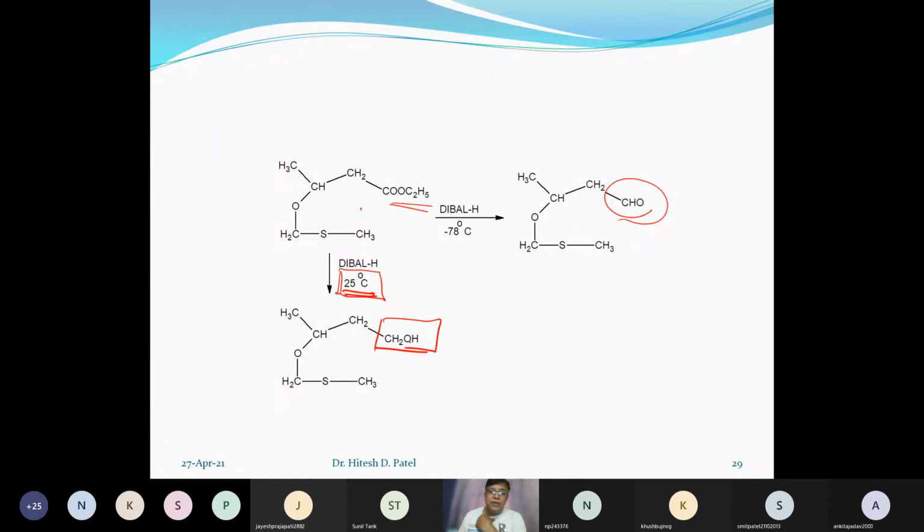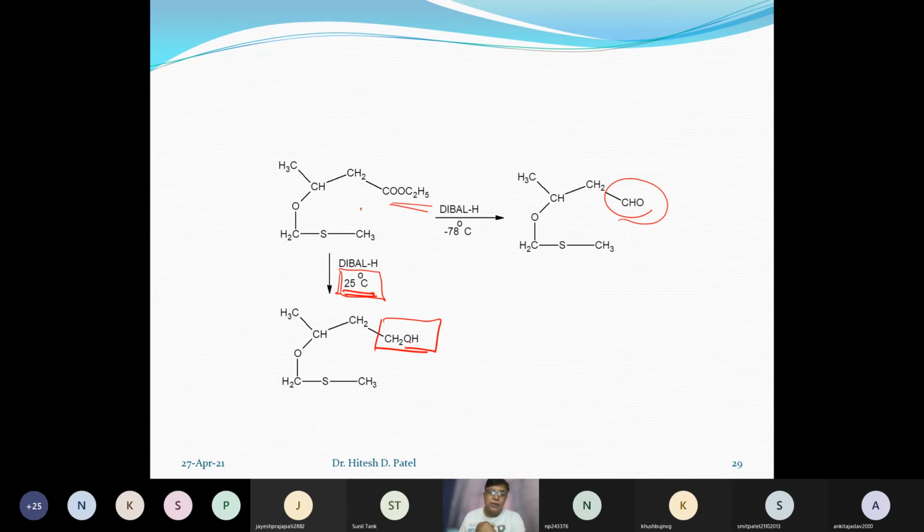So when we are talking about the reaction mechanism, reaction on paper, it is different. But when we are synthesizing some molecule using DIBAL-H, we have to maintain the temperature as per the requirement of the product. If we don't maintain the temperature as per the requirement of the product, then we will get different products and unexpected results may be found.